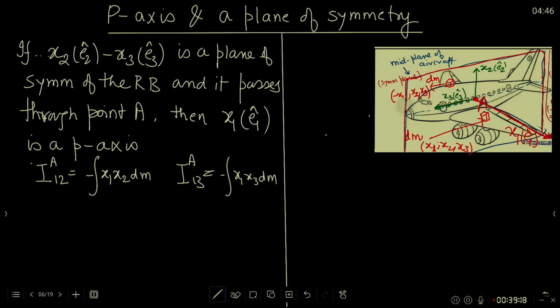I am focusing only on the two shown chunks of mass on my figure. They will have some contribution to IA12. The dm on this side will come with a contribution like dm times x1, x2.